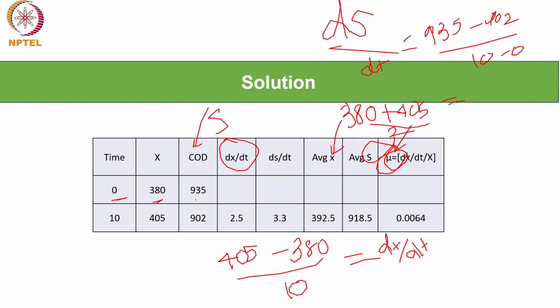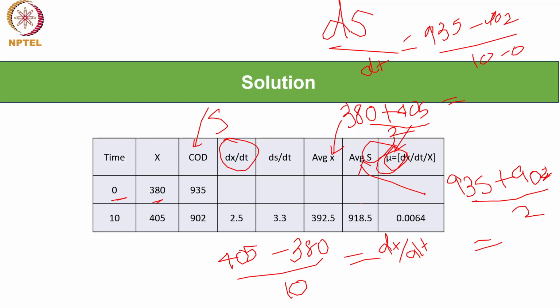Now you find what will be average S. Average S will be 935 plus 902 divided by 2. So now you tell me what will be the value for this average S. Just calculate and tell me.